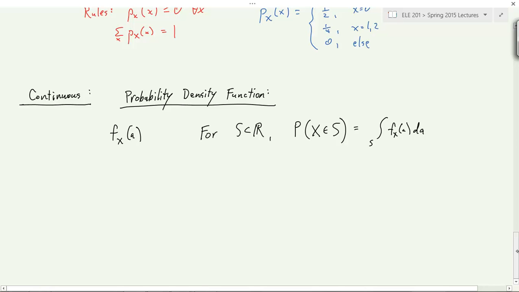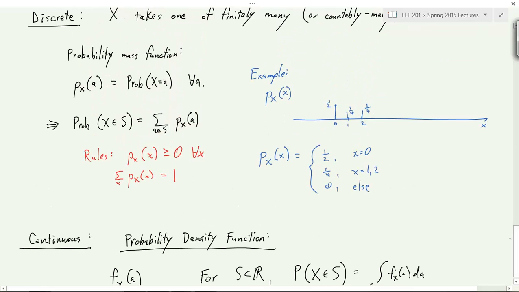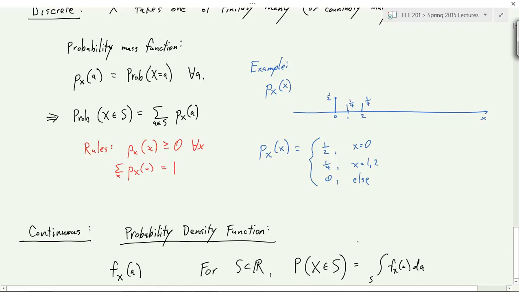Let's compare to see why this is really the same as what we had for the probability mass function. For the probability mass function, we had that you sum over the set. And now that we have continuous random variables, the sum just becomes an integral. So really, it's the same thing. What's missing is I can't write anything like the first statement.